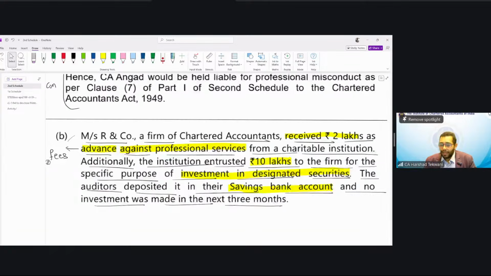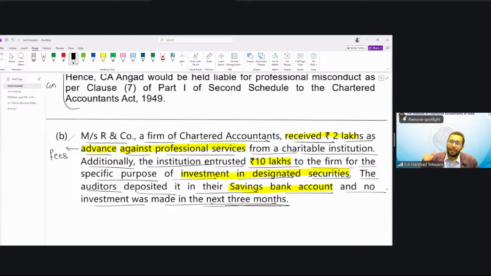However, when an investment is required to be done, you will assume that investment will be done in a few days. Otherwise, the investment cost can change. If the securities are equity, within 3 months there can be a very big movement in the price. And no investment was made for the next 3 months.